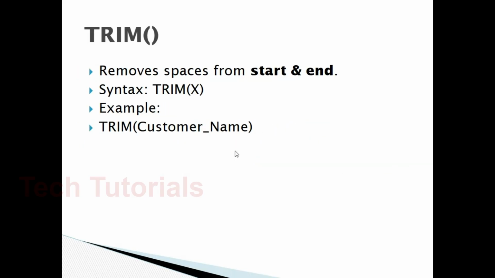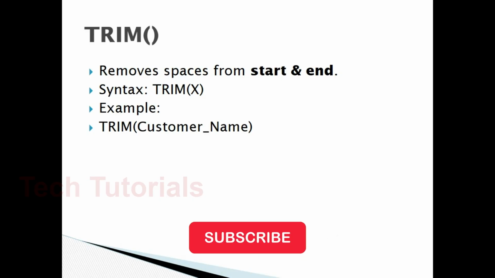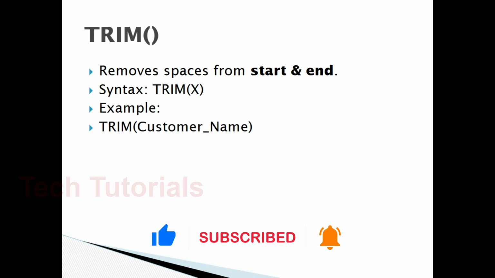And coming to the trim, this is a very useful function I can say. If the station name has any spaces at the start or end, in that case, we are going to trim the value. We are going to remove the spaces from both sides, either the starting or ending end, and it will give a better picture.